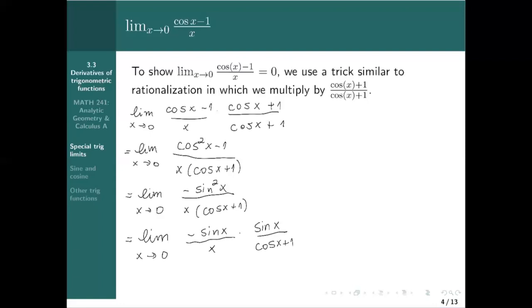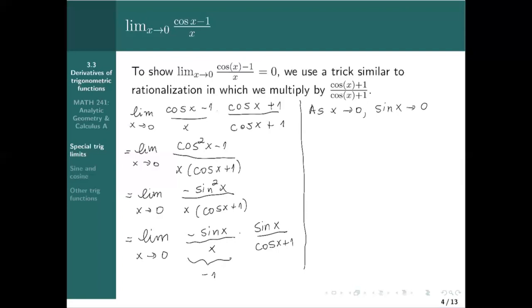We just saw the special trigonometric limit that the limit of sine of x over x as x goes to 0 is equal to 1. So it means that the limit of this first term is equal to -1. Then let's see what happens with the second term. As x goes to 0, sine of x goes to 0.